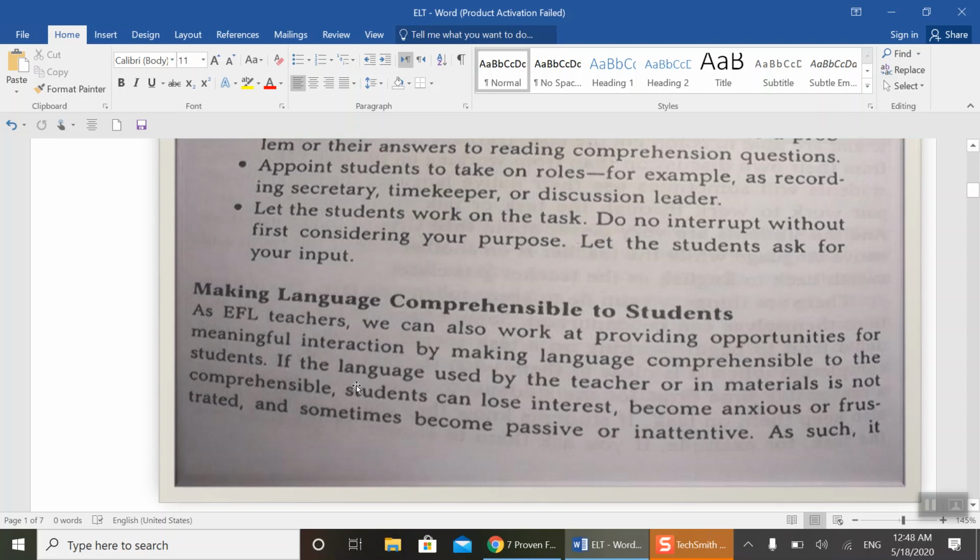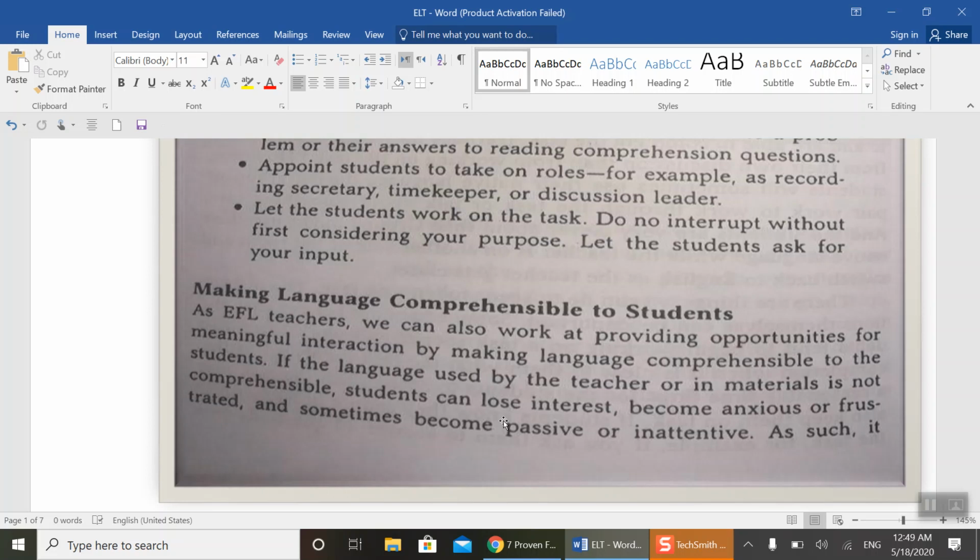If the language used by the teacher or in material is not comprehensible, students can lose interest. Sometimes the teacher uses language which is not comprehensible to students, or the material, the book, is not comprehensible.